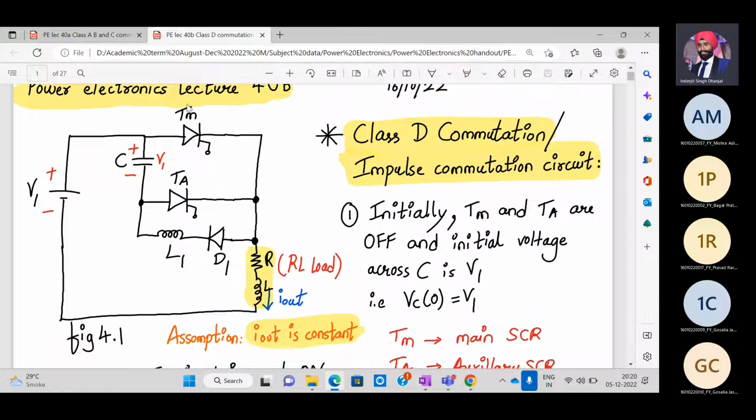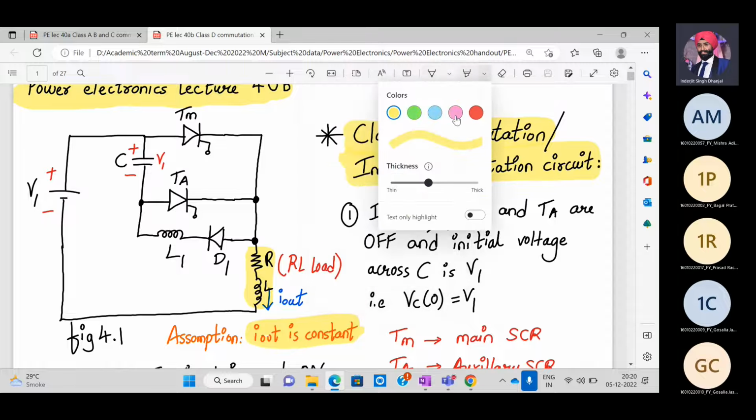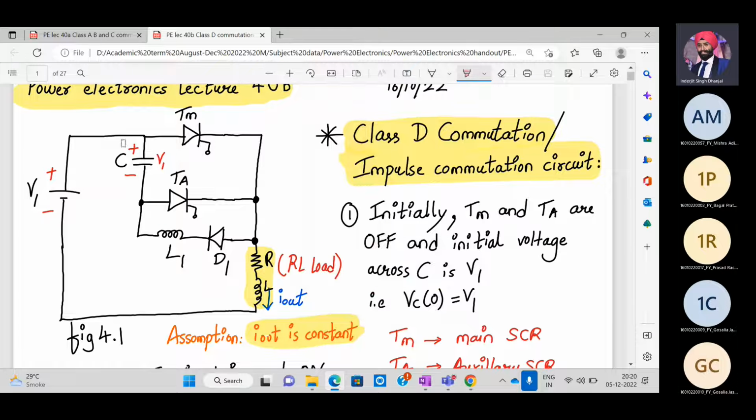Okay, we have the main SCR, we have a DC source, and we have an RL load. So this circuit which you see, let me highlight with, let's say, pink color. This circuit consists of a capacitor and the auxiliary SCR, from this leg to this leg, and from here to here.